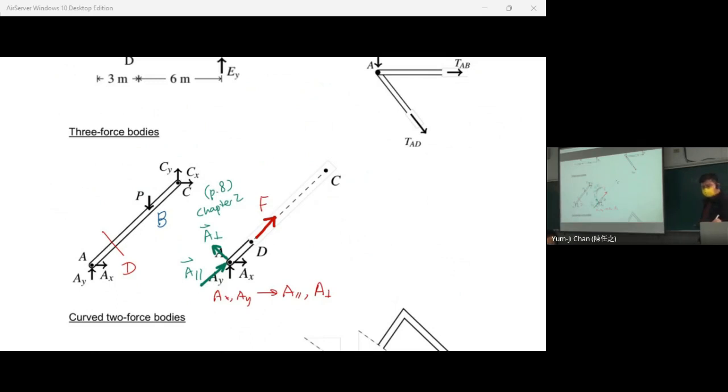Is this part AD in equilibrium? Summation F equal to 0, summation M equal to 0. The answer is no. The answer is no at the moment. Because let me write it in the X prime and Y prime directions.